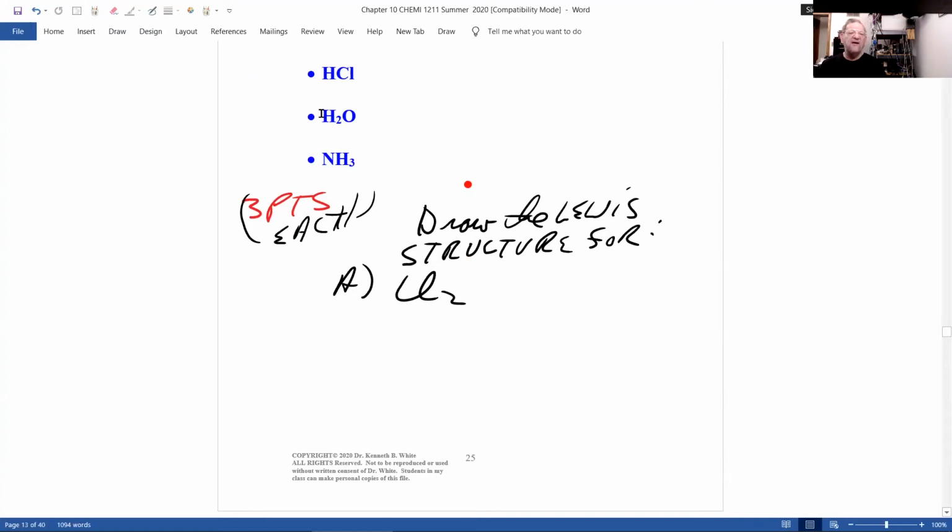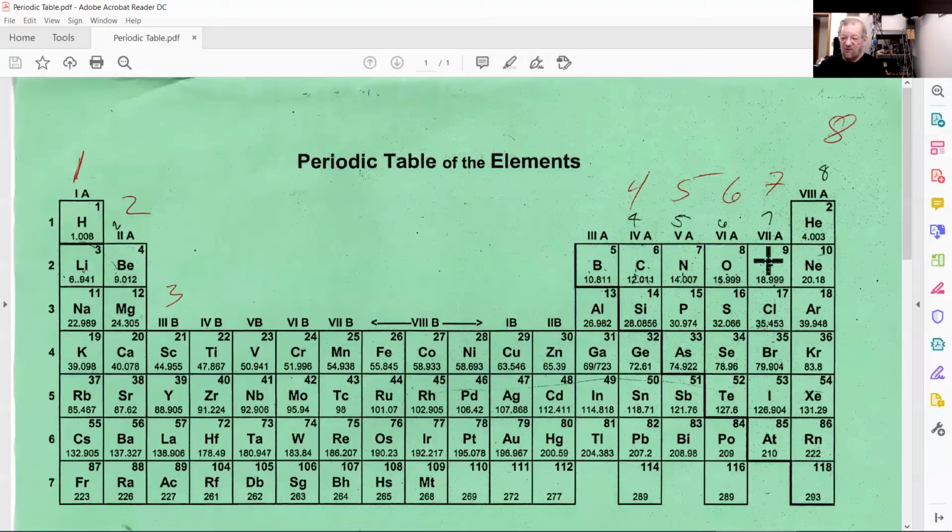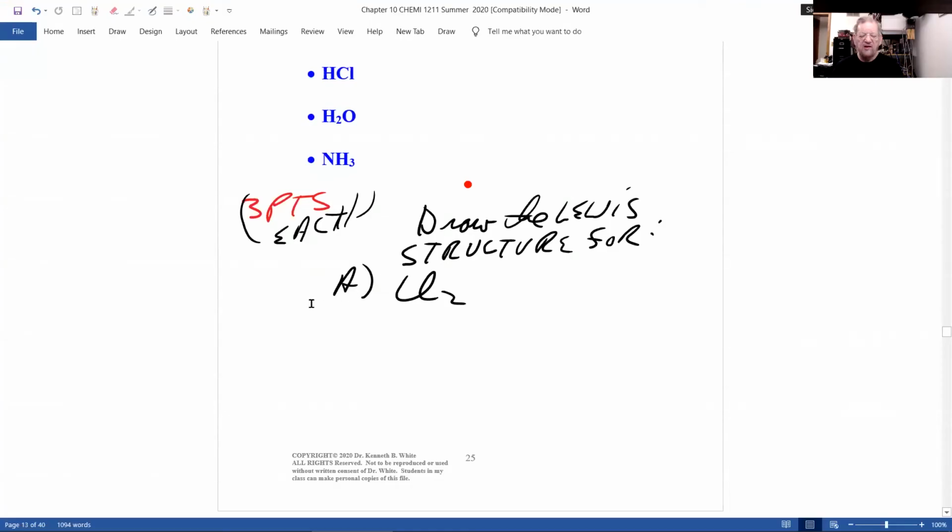First, you have to find out how many valence electrons chlorine has, because whenever you see the name Lewis, we're talking about valence electrons. How do you do that? You go to the periodic table. If I go here, I look, oh, there's chlorine, Cl. Look at the top and see the number 7, Roman numeral or numeric, and I know chlorine has 7 valence electrons. So now I know chlorine, 7 valence electrons.